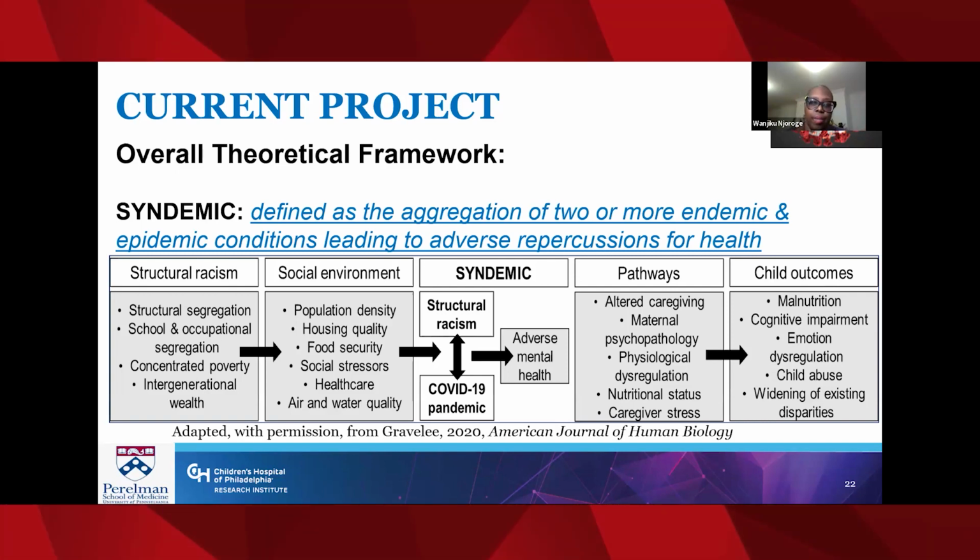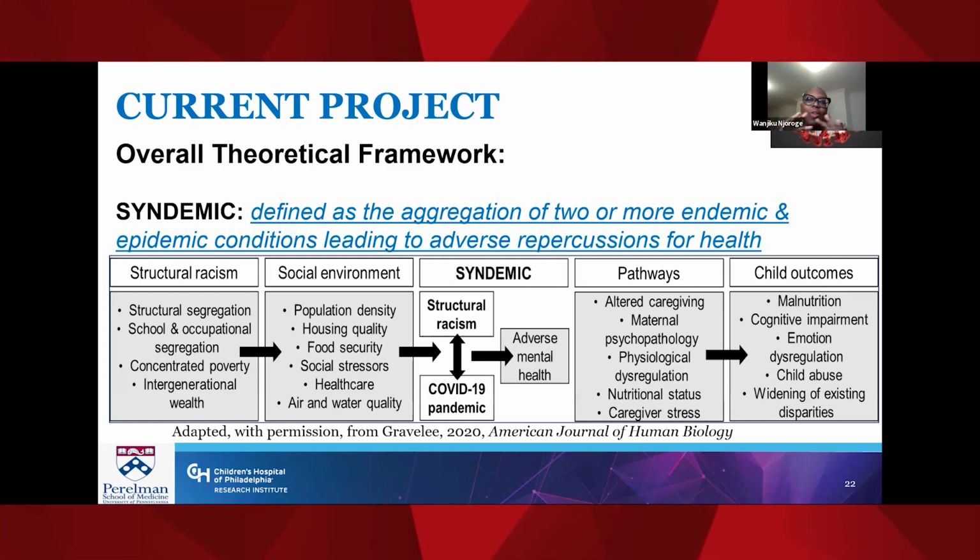So in the original definition, the epidemic was HIV, and the endemic condition was poverty and race. In our framework, the epidemic is COVID-19, and the endemic is poverty and race, but more specifically, structural racism and the ways in which that has impacted how certain families experienced and are continuing to experience the pandemic.